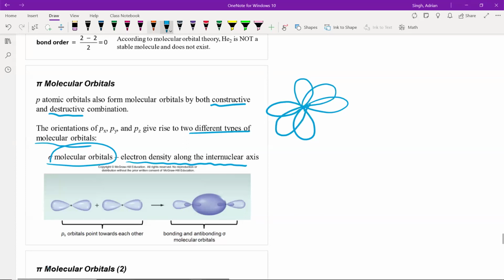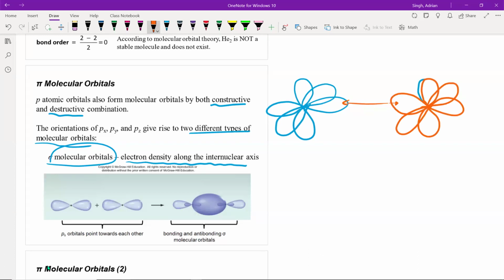If I have another atom over here with its 3 p orbitals as well, so 1, 2, and then 3, what can happen is these 2 orbitals here, they can combine and they can produce an electron density that is going to be in between now, or along the internuclear axis. So along this way is where that electron density is going to be the greatest.